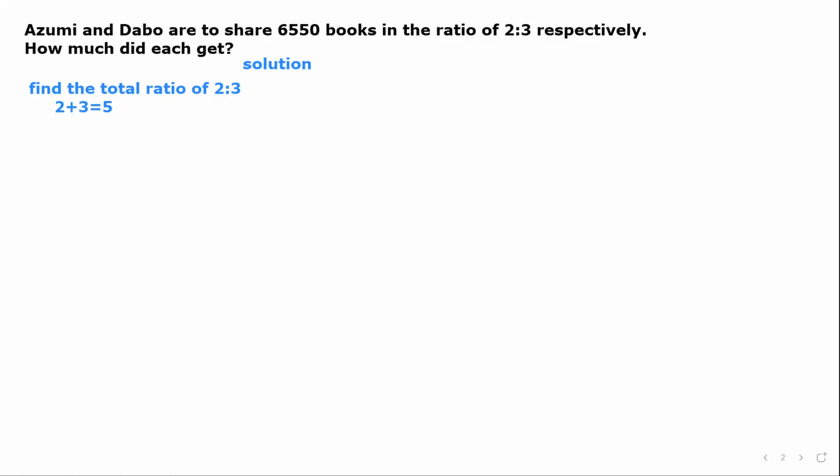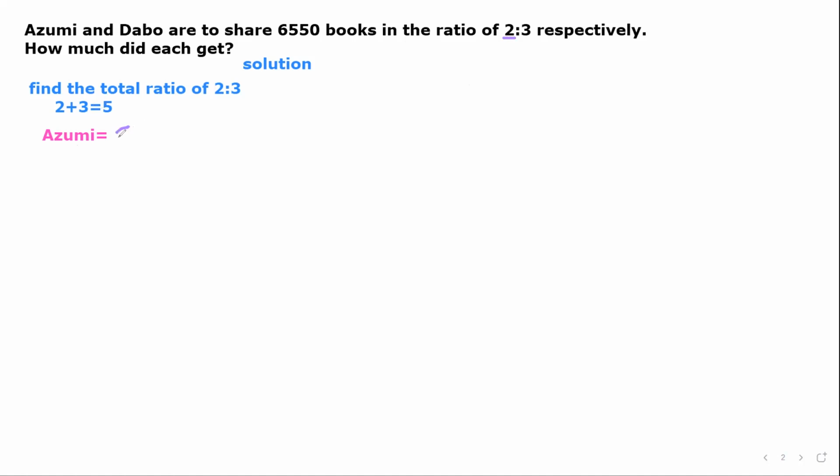So when you're about to solve it, when you take Azumi, then you write the fraction for Azumi, and that one too is because the Azumi share or number in the fraction here is 2 out of the total ratio.